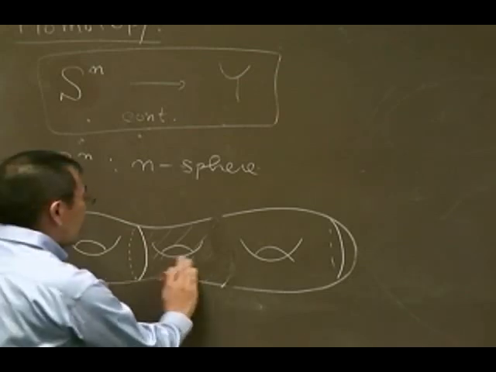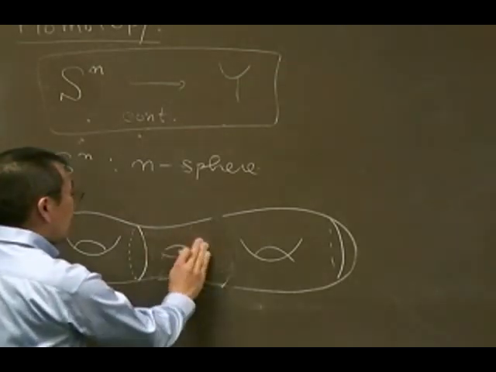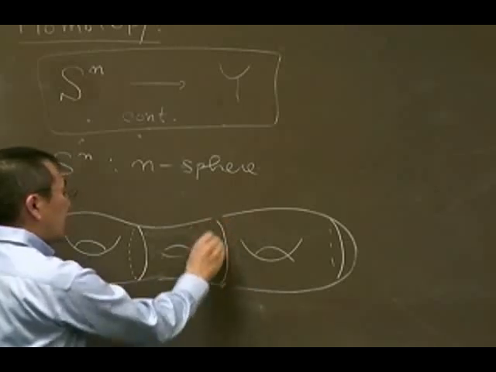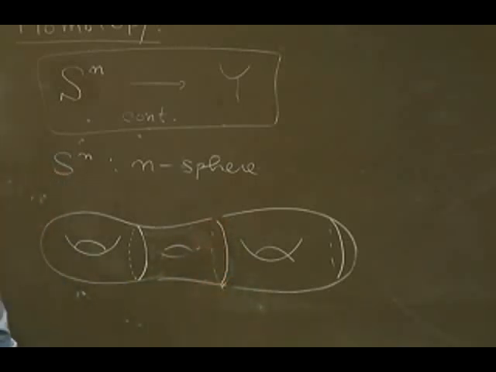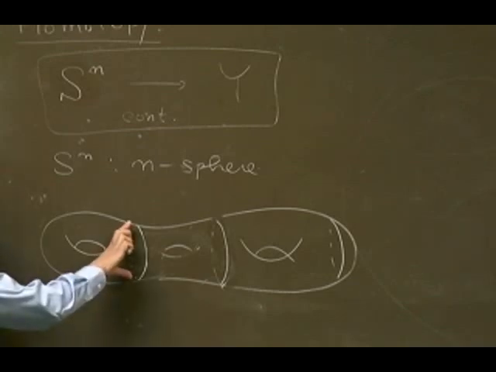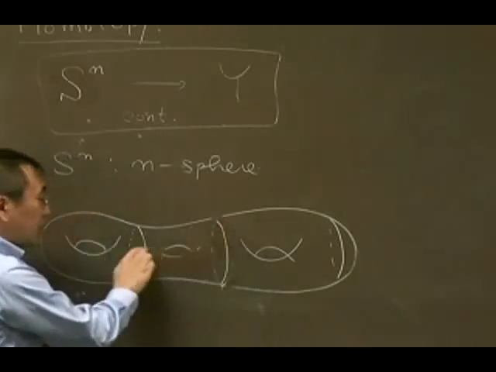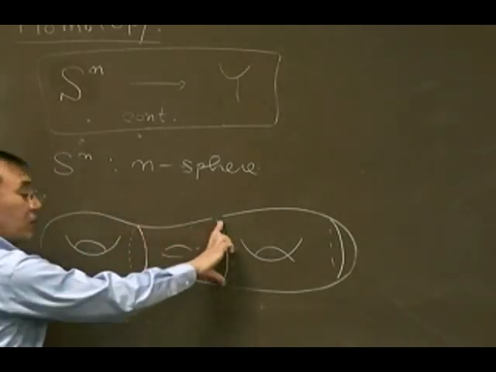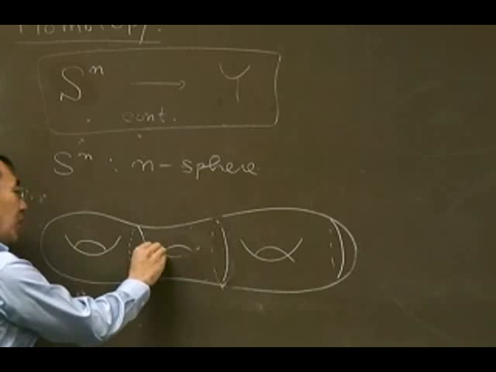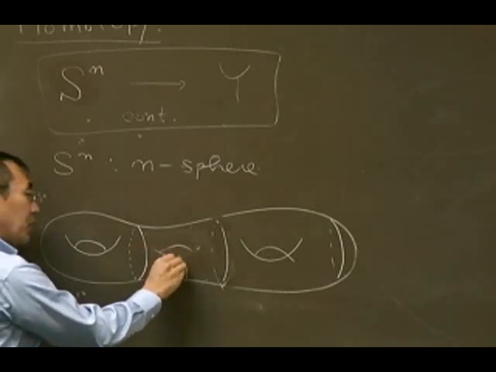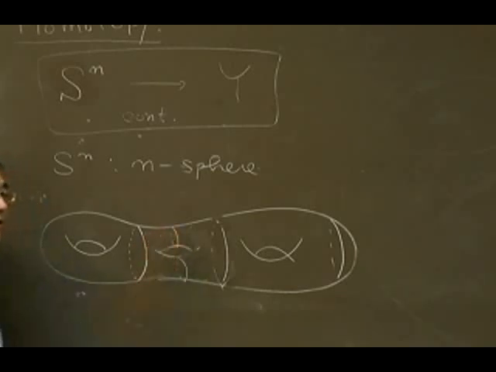However, homotopically, these are inequivalent, because you cannot continuously deform this circle to this circle. In order to move this circle to here, you have to break it somewhere, because here you have two circles over here.